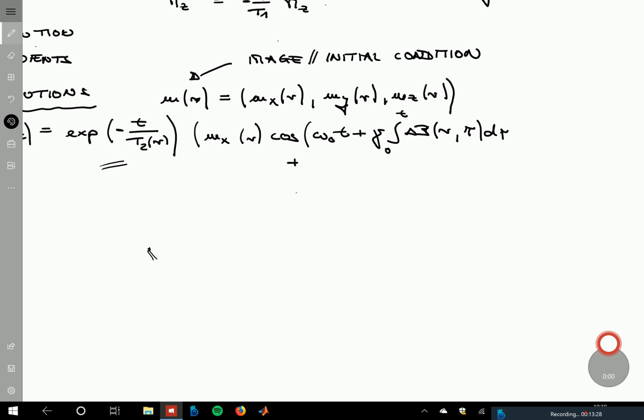Plus my(r) sine(omega 0 t plus gamma integral from 0 to t of delta B(r, tau) d tau).